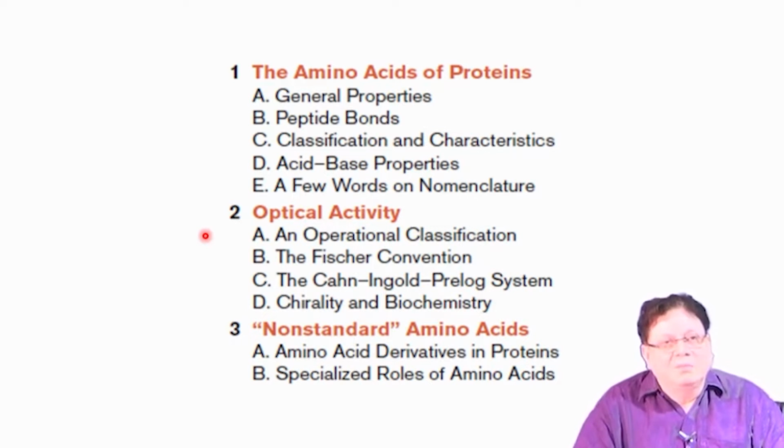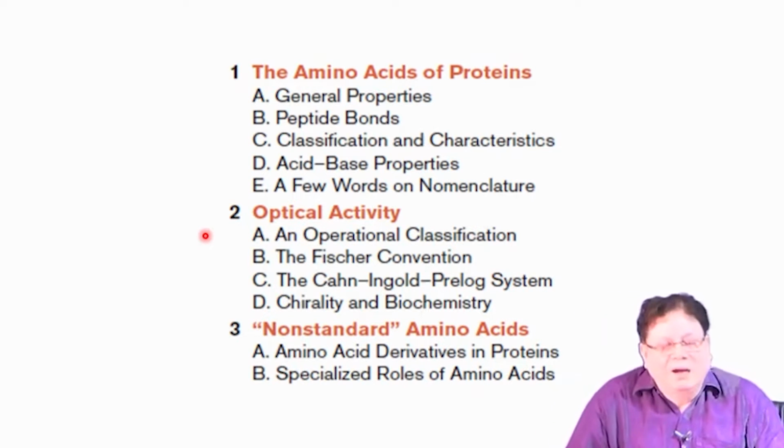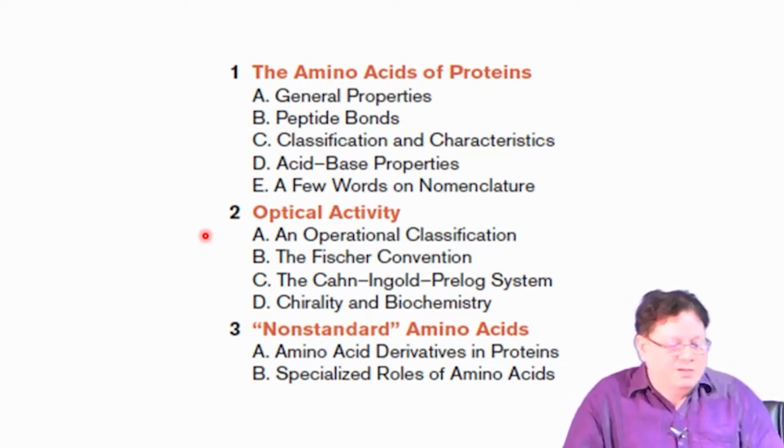However, there are a few other amino acids where there is an additional chiral center. I could remember one at least right now, and that is called threonine. That has got an additional chiral center, but mostly it is only one chiral center, and that is present at the alpha position.